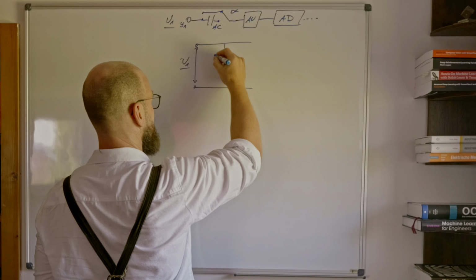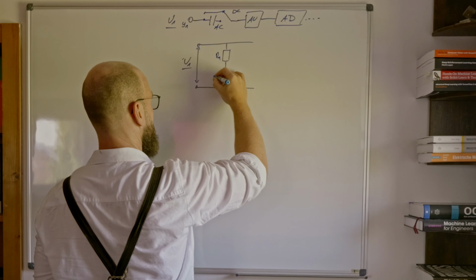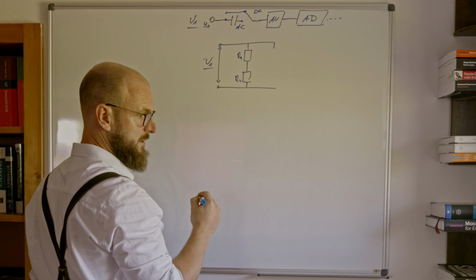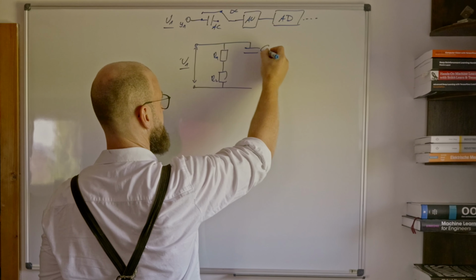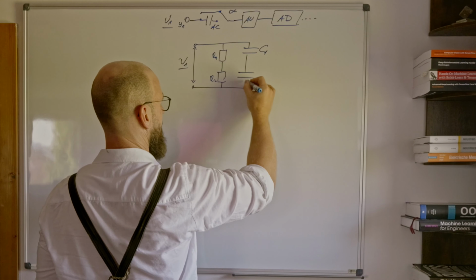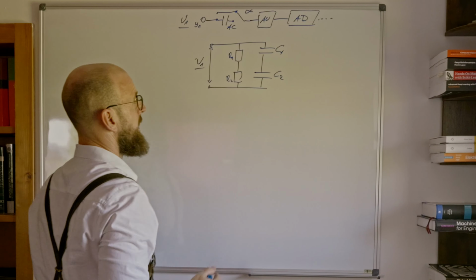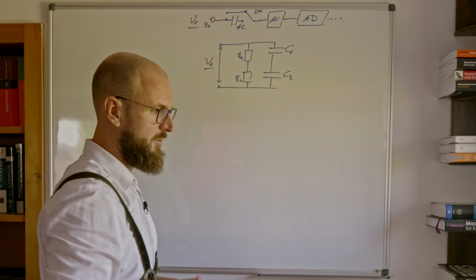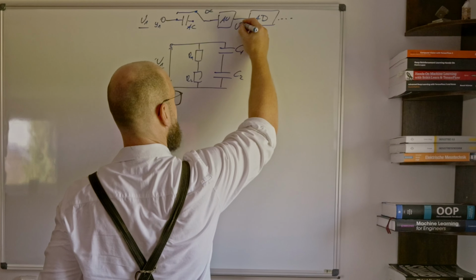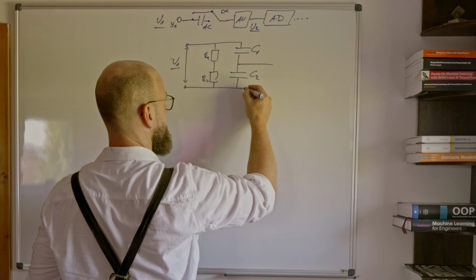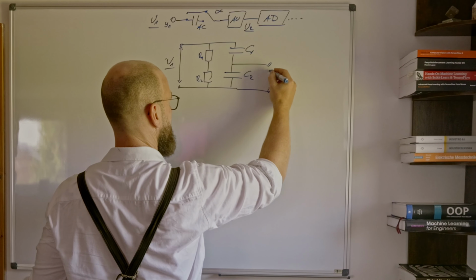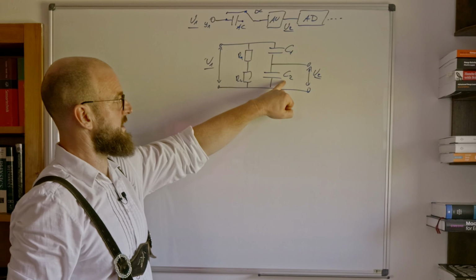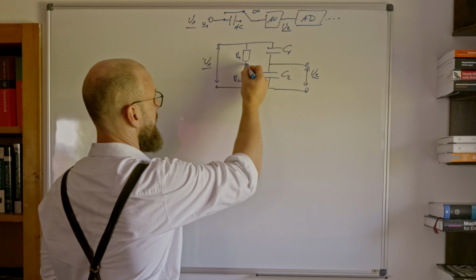Two resistors, R1 and R2, and two capacitors, C1 and C2. Now what is given to the oscilloscope is only part of the voltage, which is U2, and which is just taken from the part C2 of our voltage divider.